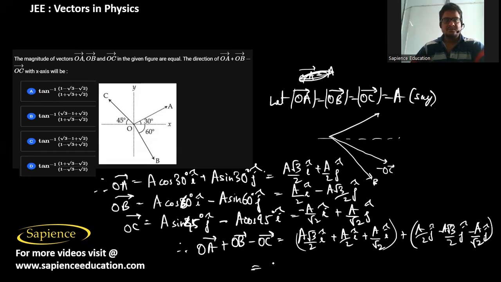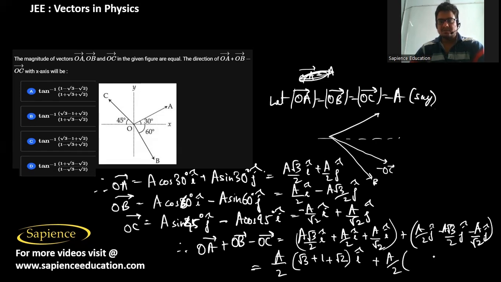So therefore, its direction we have to find out. From here, if I take A by 2 as common, it will come root 3 plus 1 plus root 2 i cap. And from here also A by 2 common, this will be 1 minus root 3 minus root 2 j cap.